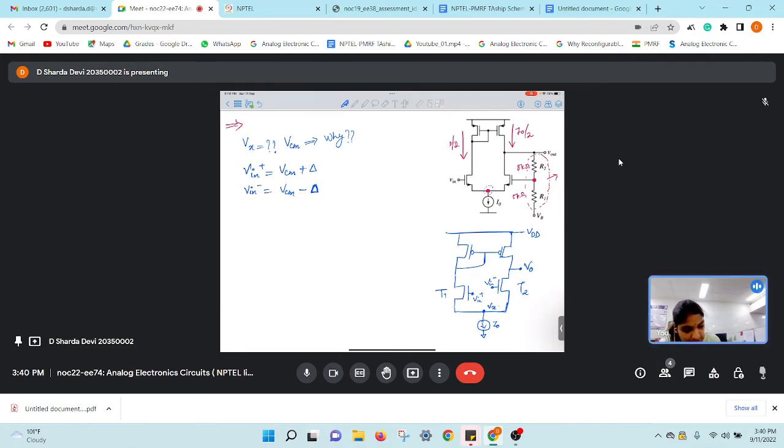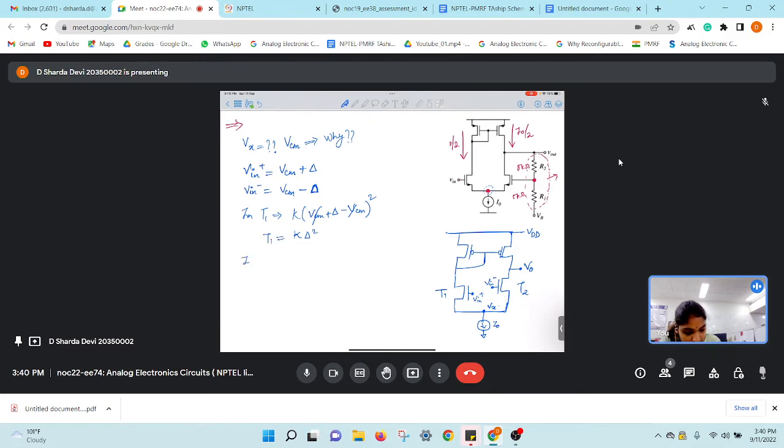So you are saying in T1 the current will be K times VGS minus VT, whole square. So Vcm plus delta minus Vcm, the Vcm cancels, and we have K delta square in T1.